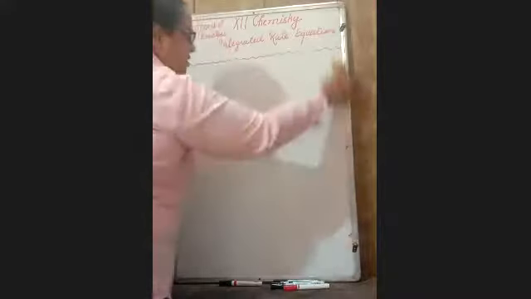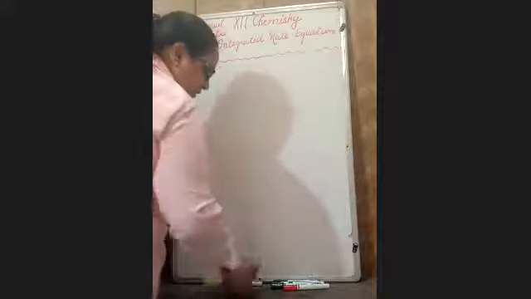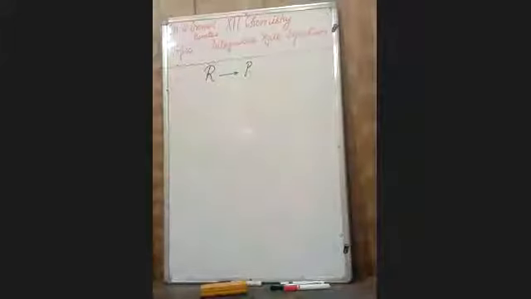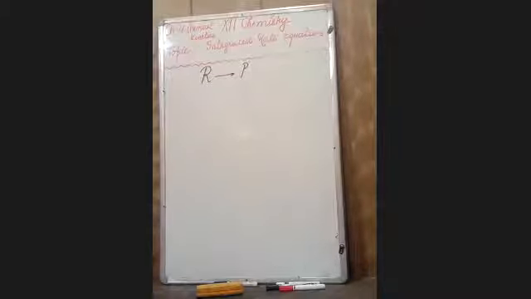Zero order reaction is generally not feasible. It takes place under special conditions. I am taking one general equation. Suppose this reactant is converted into product. What do you mean by the zero order of reaction? First tell me, what do you mean by the zero order of reaction?